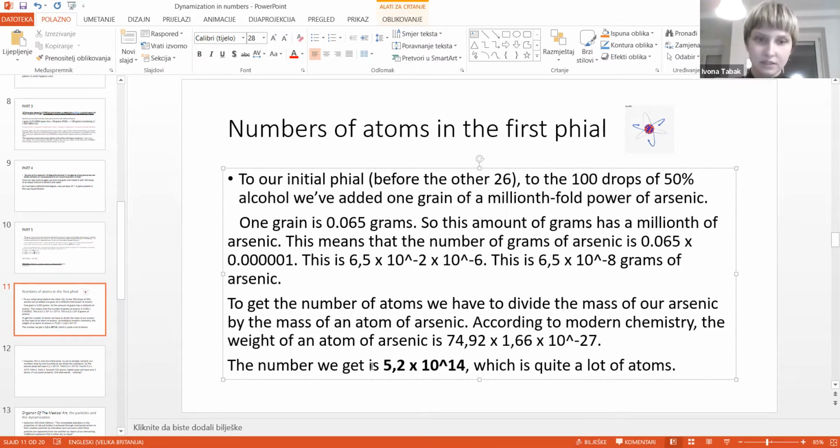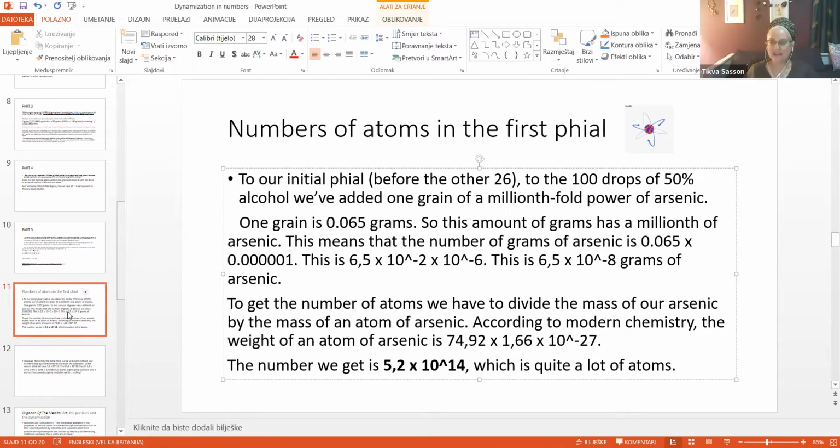How I came to this calculation is basically we take how many grams of arsenic we have in this mixture, so we have a mass, and this mass is constituted by all of the atoms of arsenic, and then we divide this number by the weight of an atom of arsenic, and that's how we get this number.